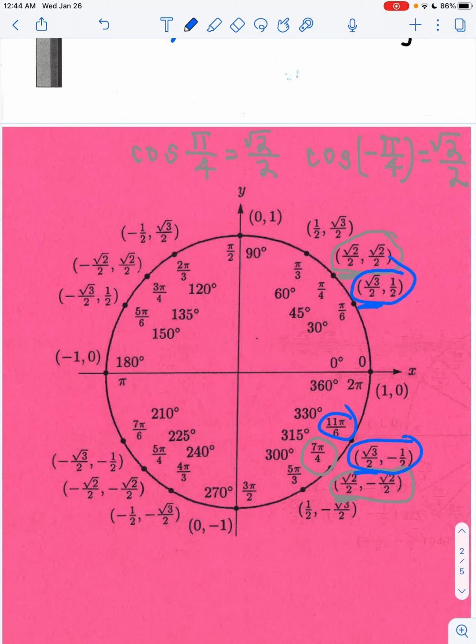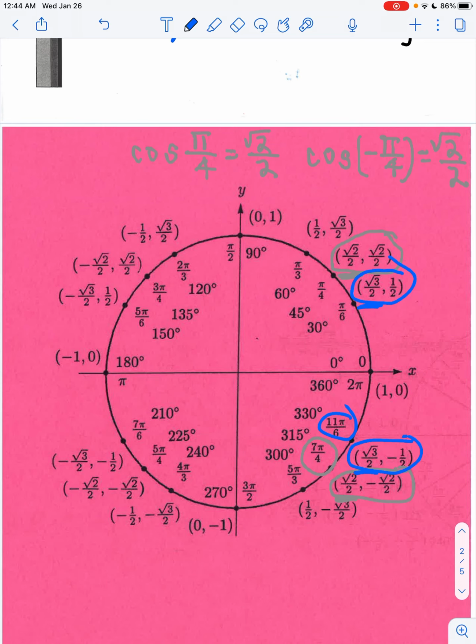It would be no different if I had taken the reciprocal of cosine, the secant. The secant would be the reciprocal, and that would also be the same sign and the same outcome.